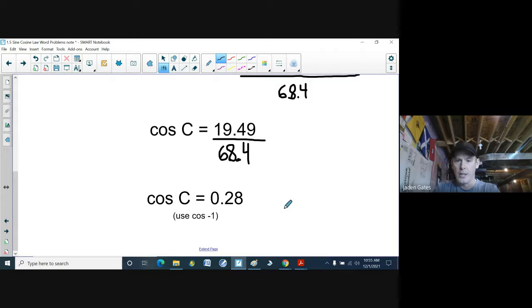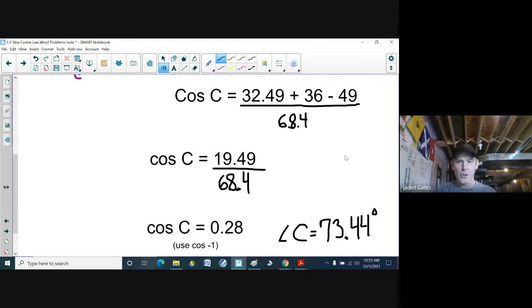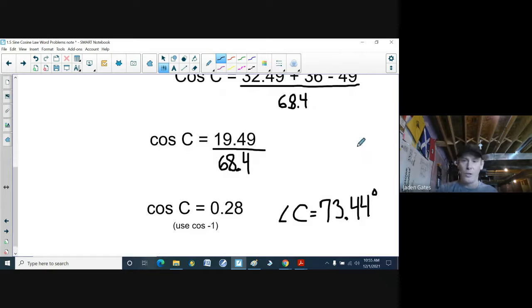So I cos inverse 0.28. And to 2 decimal places, I get the angle here for the lighthouse of 73.44 degrees, which is good. You want a lighthouse with a large spread so you can see the boats and they can see you.